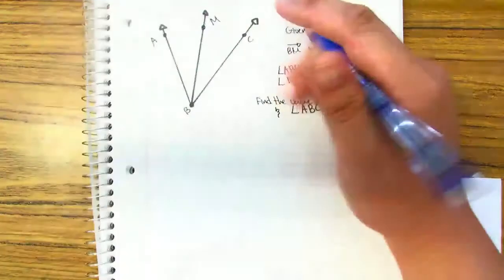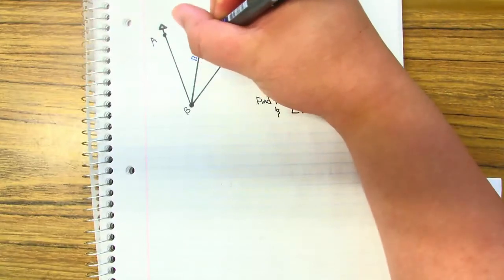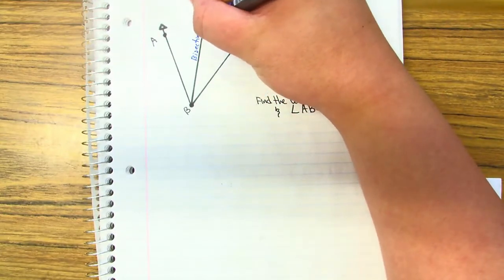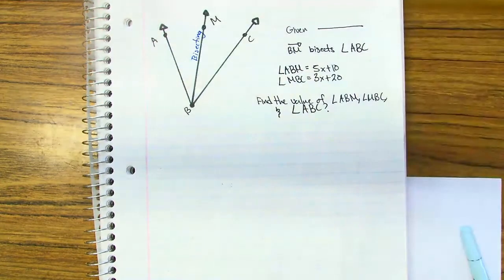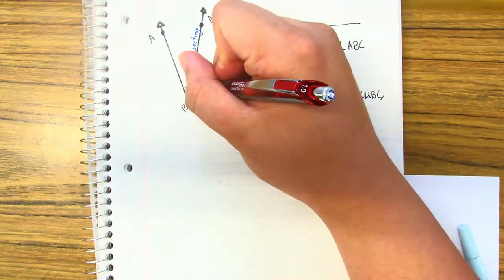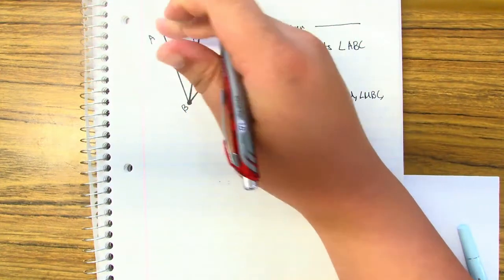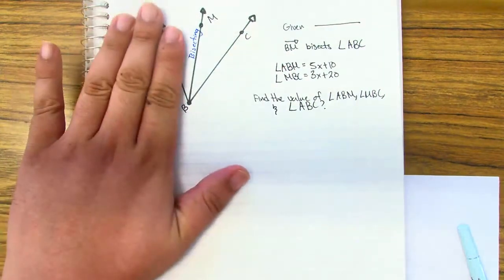What's going on with ABC and BM? BM is bisecting angle ABC. So that means you can conclude that angle ABM and angle MBC are both congruent to each other.